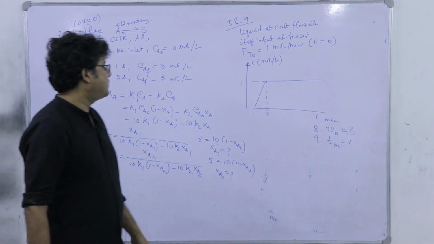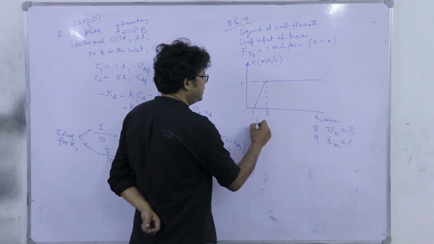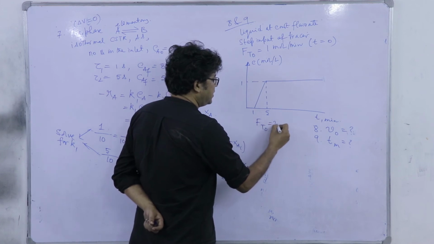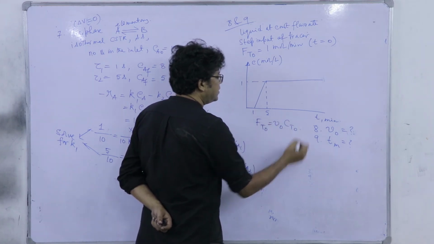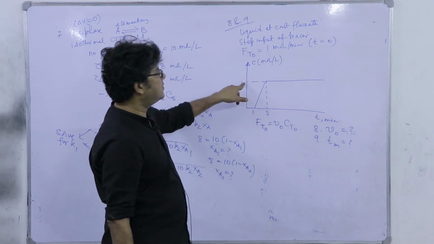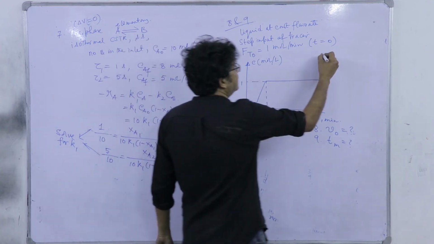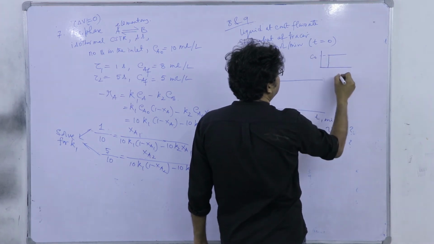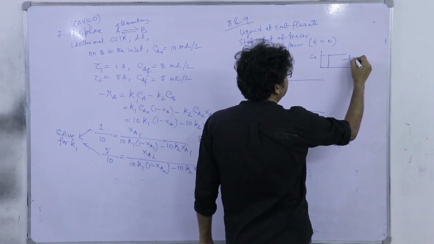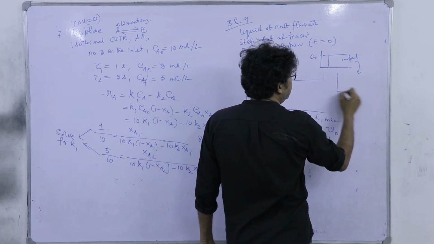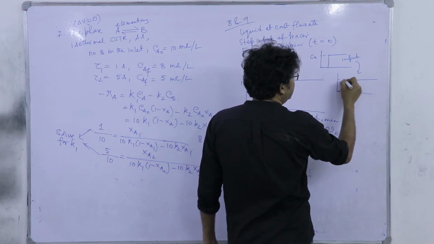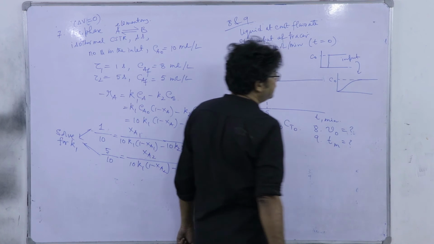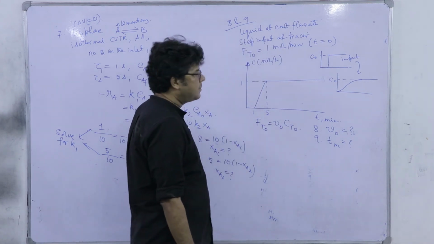So, you see that to answer the first question, we know Ft naught equal to V naught into Ct naught. Now, what is Ct naught? Ct naught is this, because if I am giving a step tracer of step height C naught, this is the input, it will lead to the output, which here will also be equal to C naught, right.